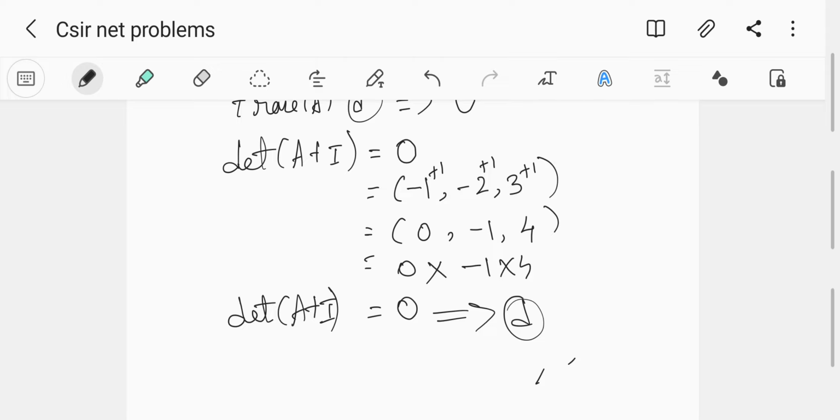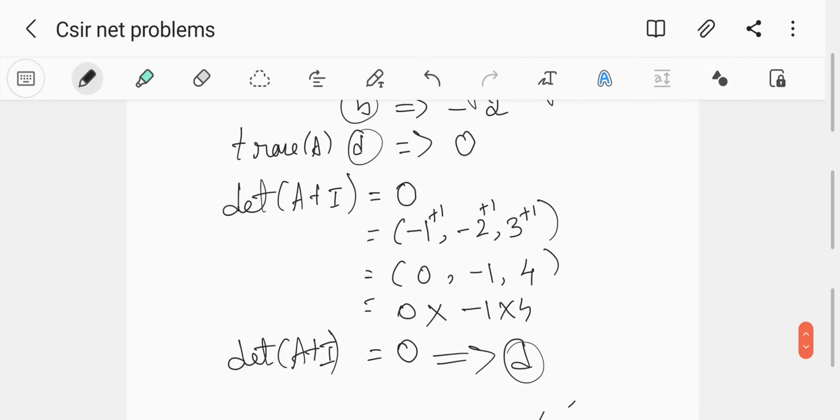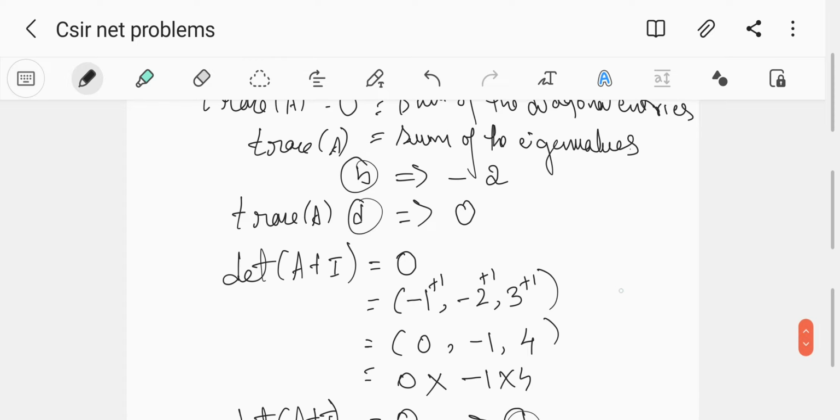You must remember one point: if the eigenvalues are real and distinct, they lie in the main diagonal. It doesn't mean that always the eigenvalues will be in the diagonal entries.